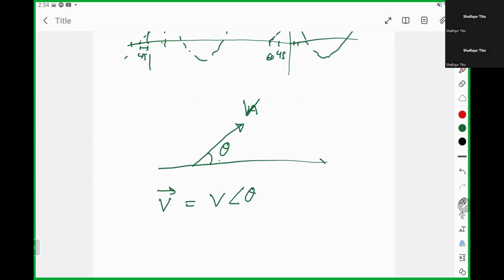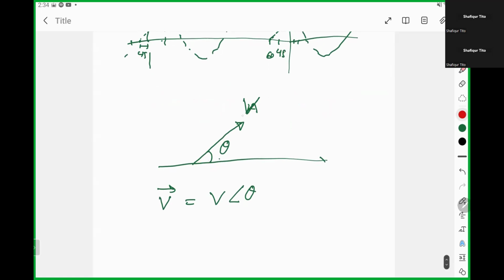So what we do is we break this vector into two parts. One is the horizontal part, let's say Vx, and another is the vertical part, and this is called Vy.